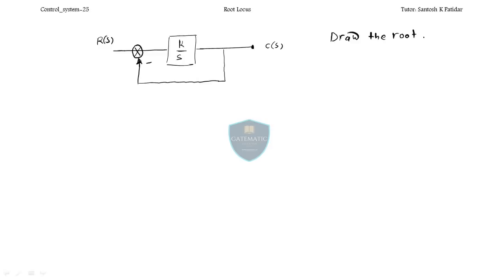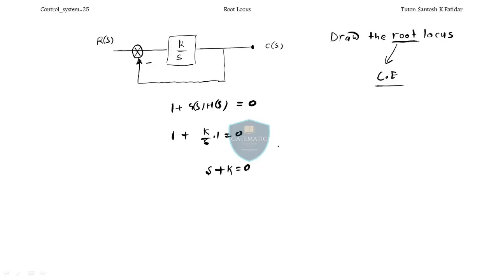So we just discussed the roots of what? Roots of the characteristic equation, isn't it? So what is the characteristic equation for this? 1 plus G(s)H(s). Is it okay? So 1 plus K by s, H(s) is 1 over here, equal to 0. So finally you are getting s plus K equal to 0.